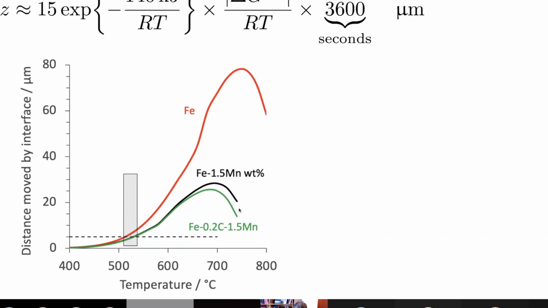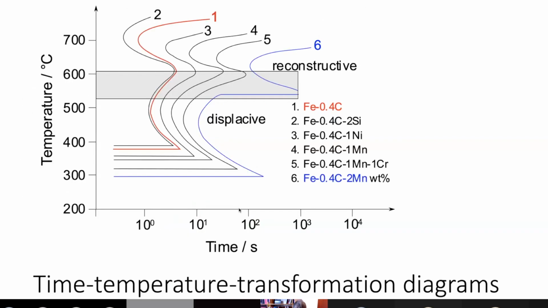And the interesting thing is that if I now show you time temperature transformation curves here, so these are for a variety of steels, and this upper C curve represents reconstructive transformations, and the lower C curve represents displacive transformations, then actually, this is the point where displacive transformations are kinetically favored. So here, for example, displacive transformation is faster than anything you could produce by reconstructive transformation.